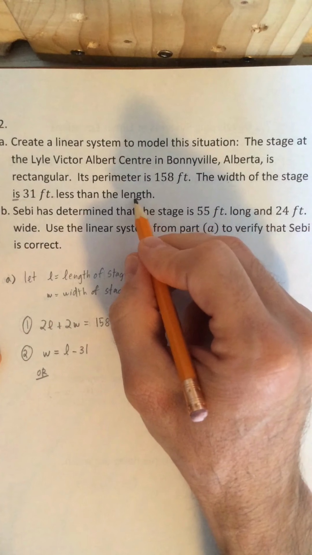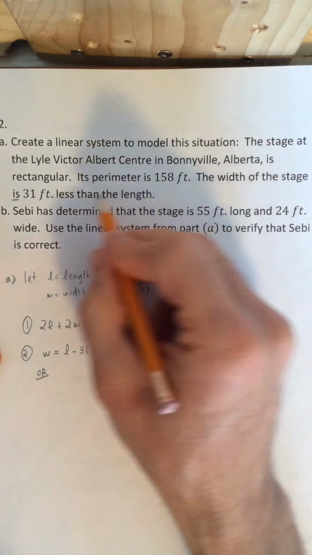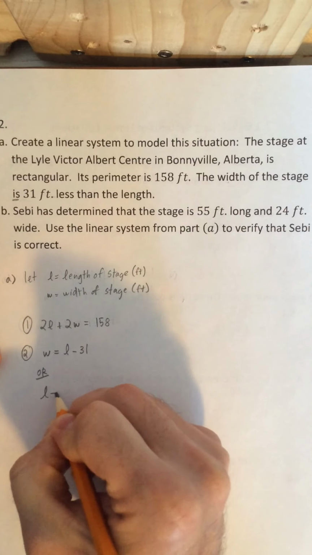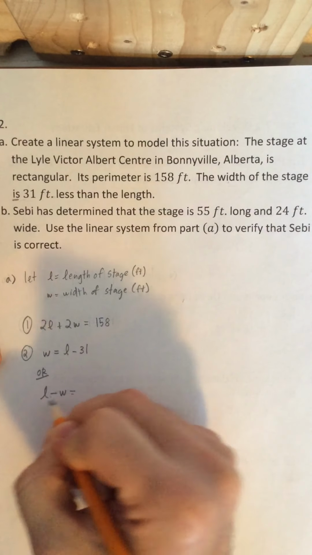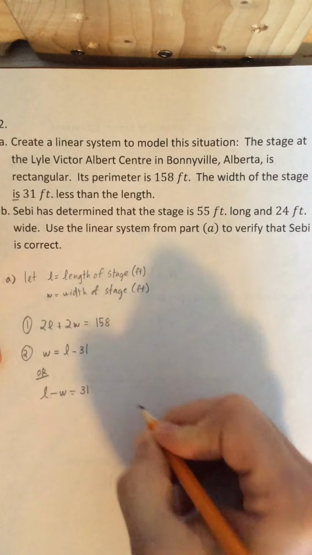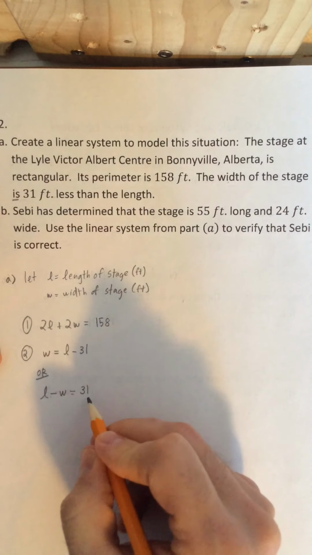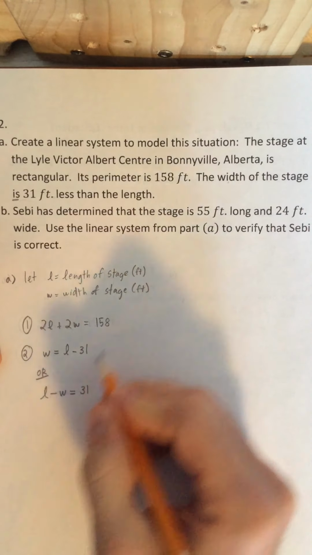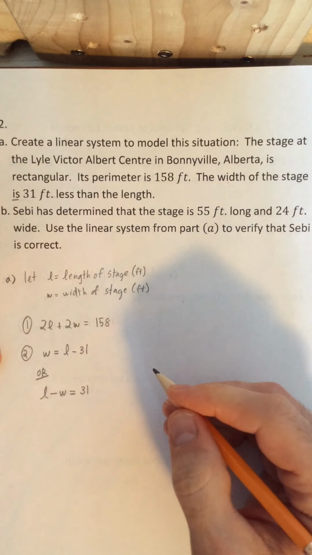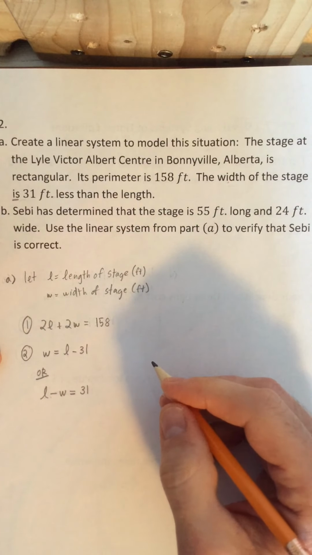So which one of these is bigger? Well, if we look, it says the width is less than the length. So the length is bigger than the width. So if you do the length subtract the width, the bigger subtract the smaller, the total would be 31. So this is an alternative way to write this same equation. And they're the exact same equation, they're just written in different ways.